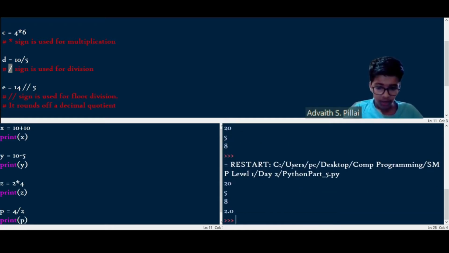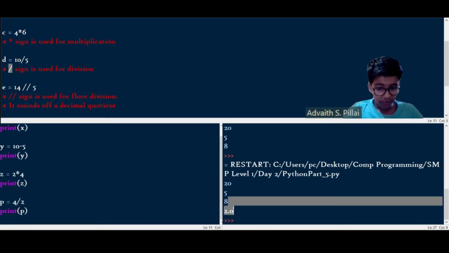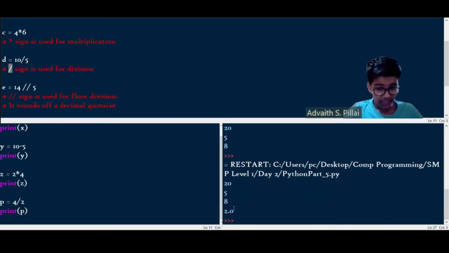As you can see, the answer is a float, and float is a different data type which shows the answer in fractional decimals. So 4 divided by 2 is 2, and here, as a float, it's showing 2.0, which is basically the same answer.